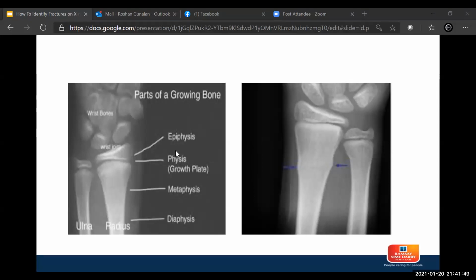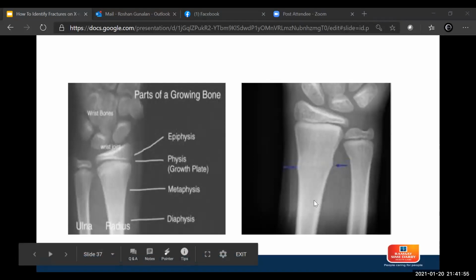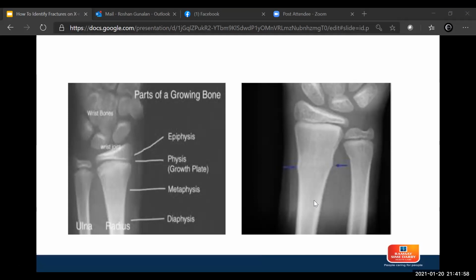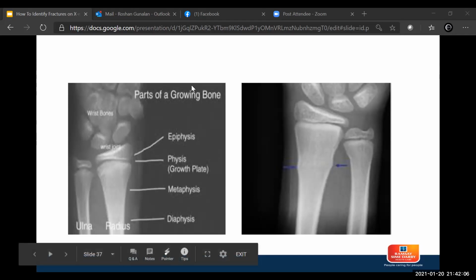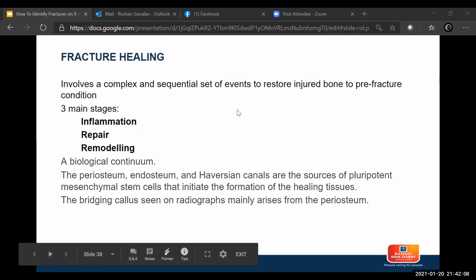There's no difference. In a child, you just add on the fact that it's an immature bone because you have a growth plate, or you have a different type of fracture. That's about it. But the step by step part, don't forget to describe whether it's adequate, whether it's epilateral, whether the soft tissue, the swelling, everything there will be the same.